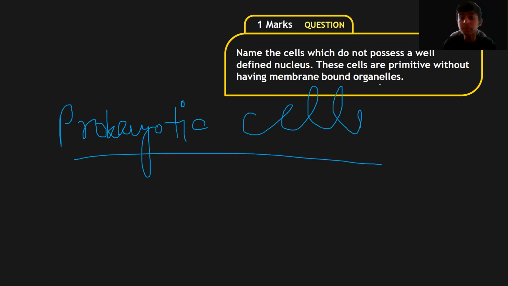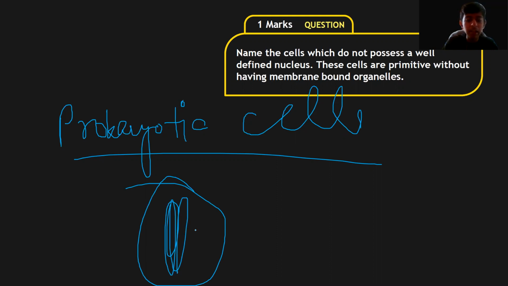Prokaryotic cells are the cells which do not have a well-defined nuclear region. They have some fluid known as nucleoid.